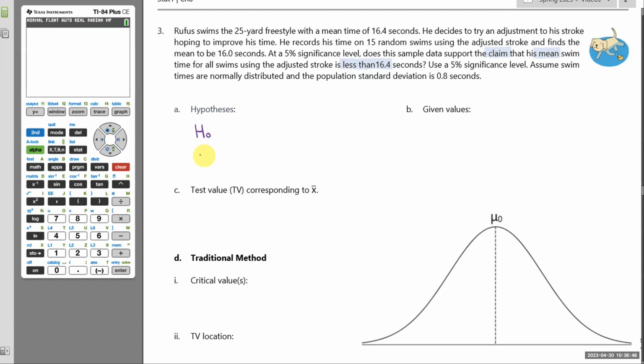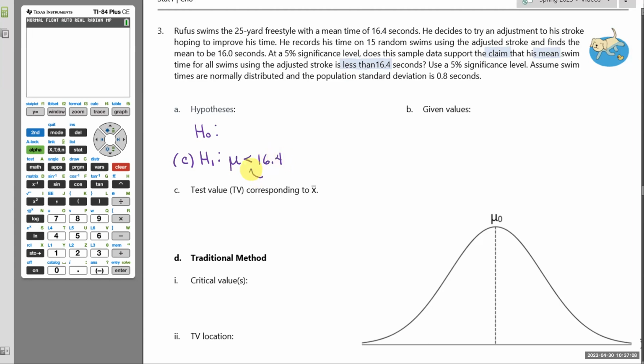So H naught, H1, colons. Our claim is that the mean for all swims using the adjusted stroke, so population mean, will be less than 16.4 seconds.